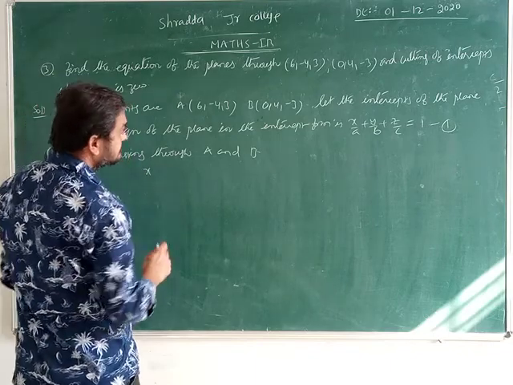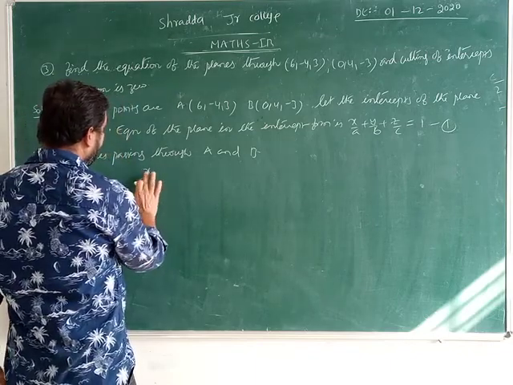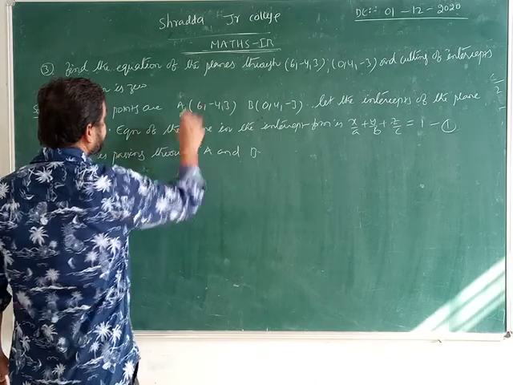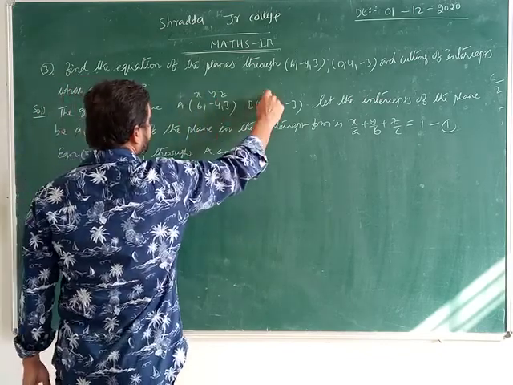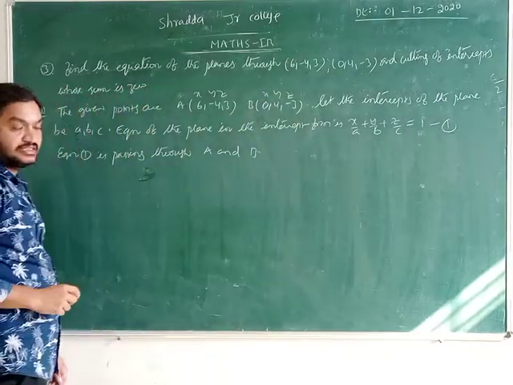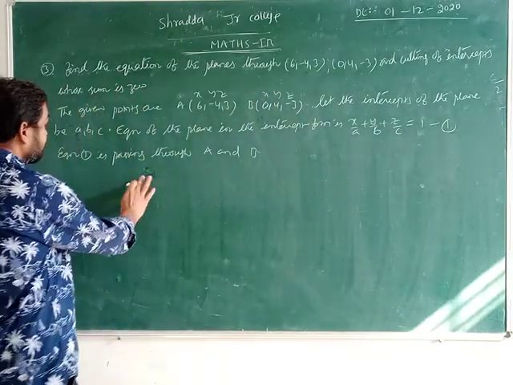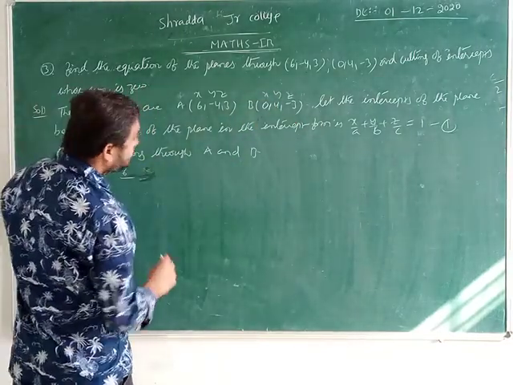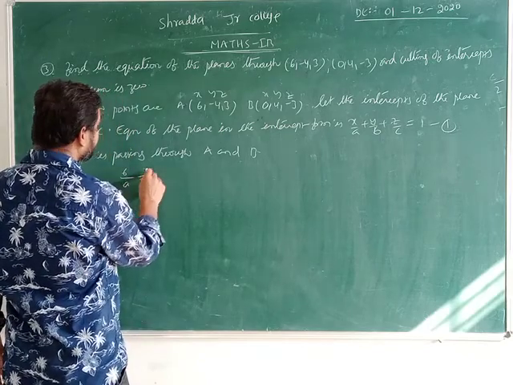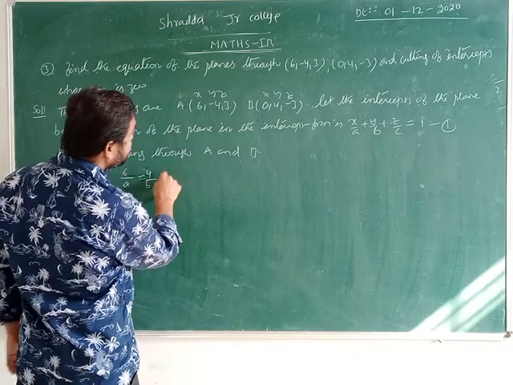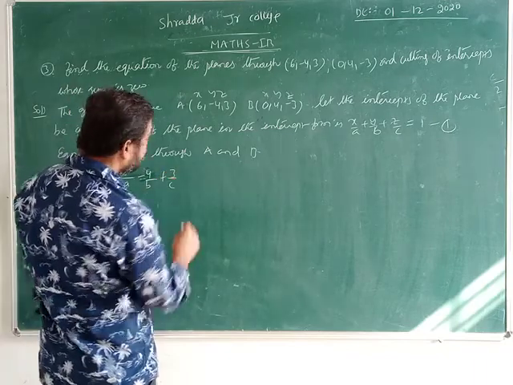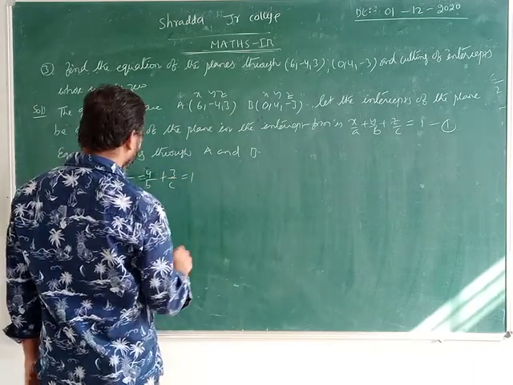So what we are getting, see here, listen, x/a. Take this as x, y, z. What is x here? 6/a plus, what is y? Minus 4/b plus, what is z? 3/c equals 1.